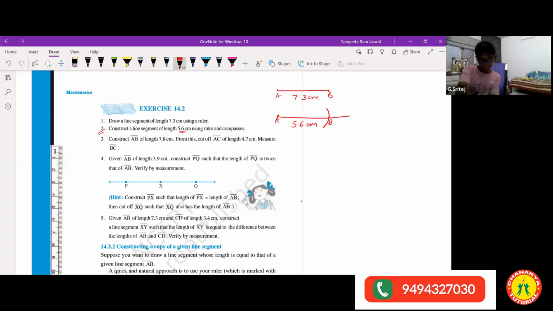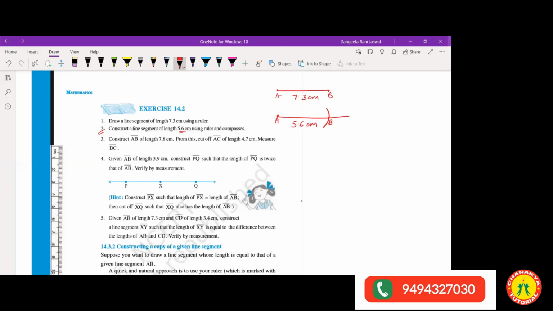Done, ma'am. Okay. Now place the pointer of the compass at the starting point of the line. Suppose your line is AB, so just take a point A on this line. Keep your compass pointer on point A and open the pencil up to 7.8 centimeters.